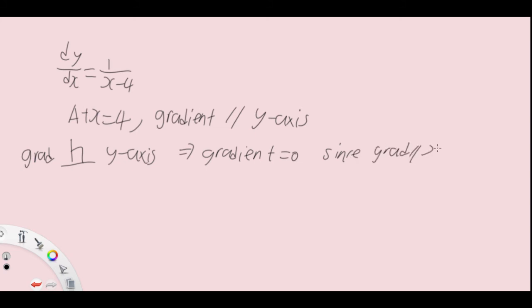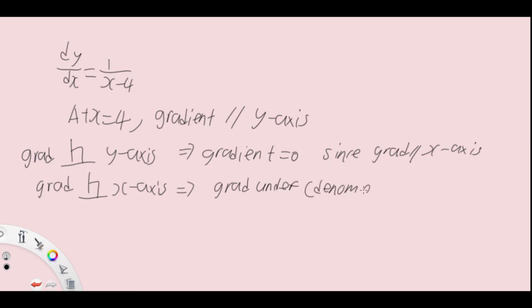Likewise, if we have a tangent perpendicular to the x-axis, then we know that the gradient is undefined, which means that the denominator of the gradient dy/dx equals 0, because the tangent is parallel to the y-axis.